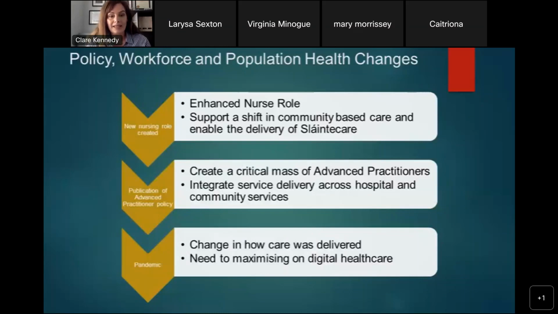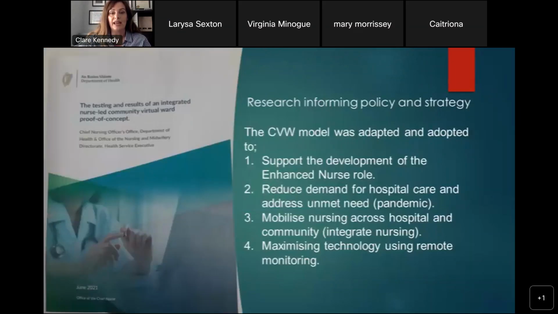And then we had the pandemic, so we needed to change how care was delivered and maximise on leveraging digitally enabled solutions. So the Department of Health were interested in how the CVW model could be adopted and adapted to support the enhanced nurses role, particularly around capability framework, to reduce the demand for hospital care and particularly address unmet need.